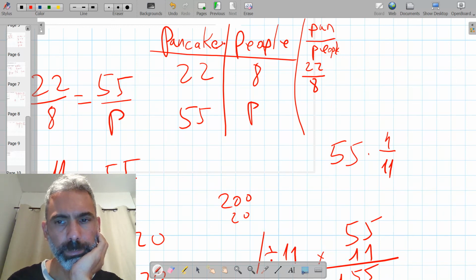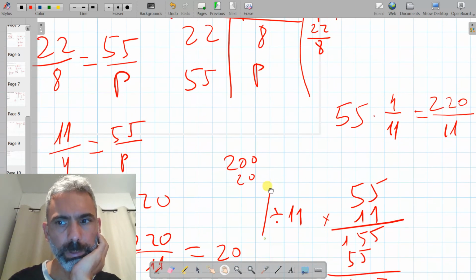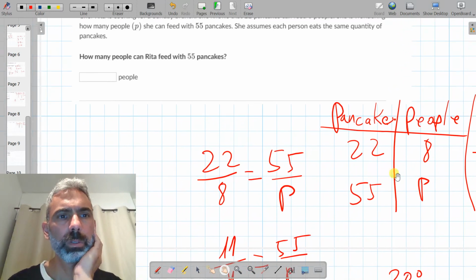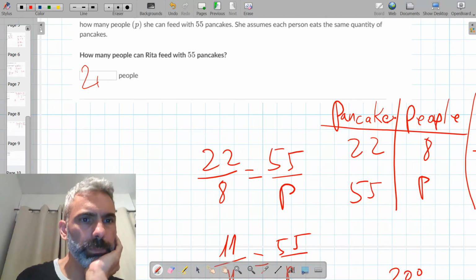Right. So 55 times 4 is 220 divided by 11. So it's 20. Yes, okay. So P equals 20.